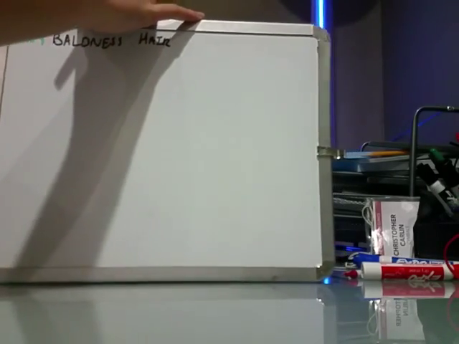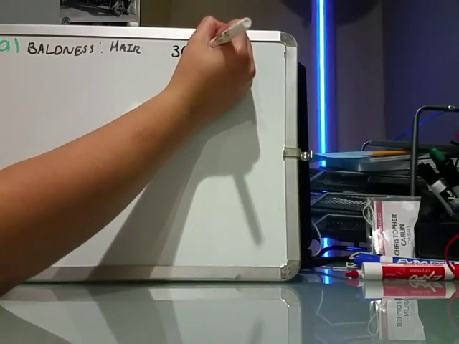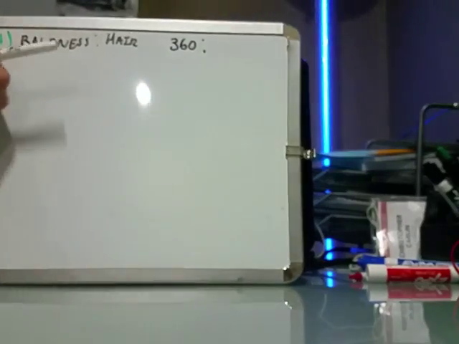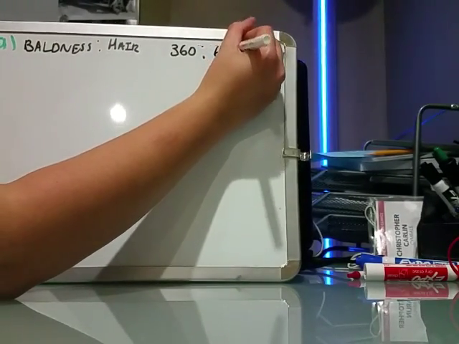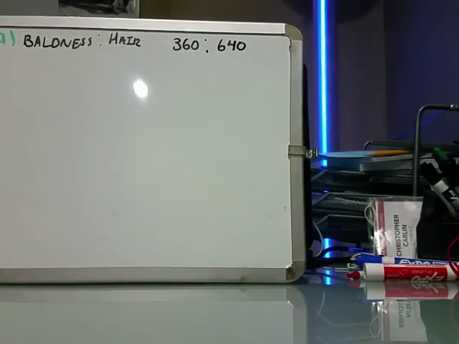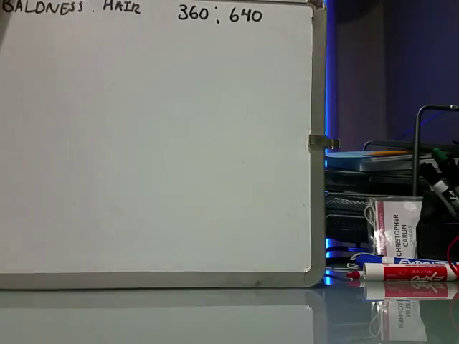We can calculate it from the data, which would be 360 who were bald, which were the homozygous recessive, to 640 who had hair, including heterozygous and homozygous dominant.